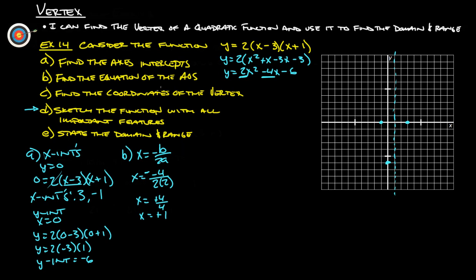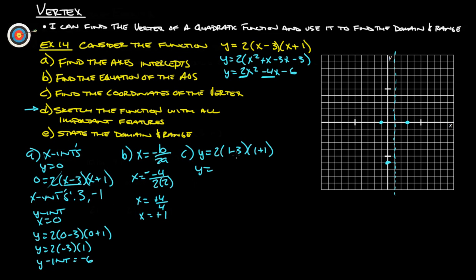Okay. C, find the coordinates of the vertex. Okay, so now that we know what x is, now we can plug that x into the original or our new one. I'm going to plug it into the original just because then I know for sure that that equation is right. So let's do this. Y equals 2 times 1 minus 3 times 1 plus 1.